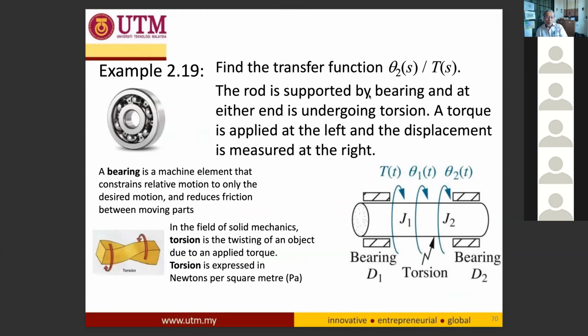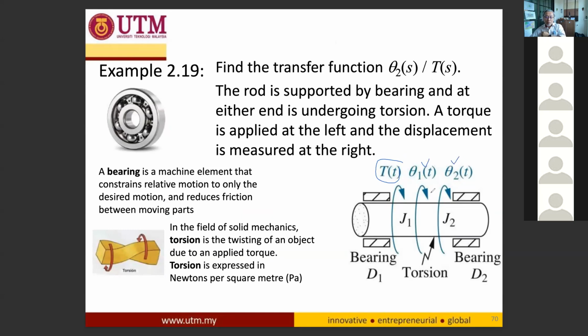So example 2.19, where we are required to find the transfer functions of theta 1 and theta 2 over T. Here you have a force as the input, and there are two outputs, which are theta 1 and theta 2.